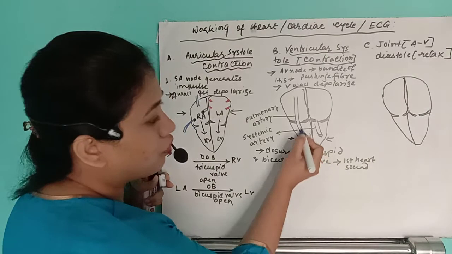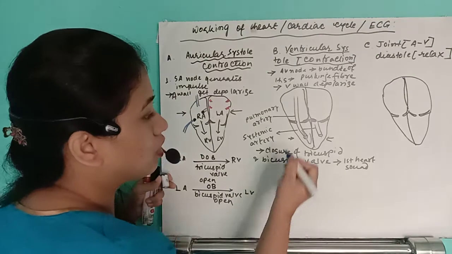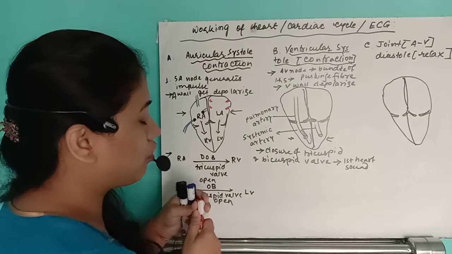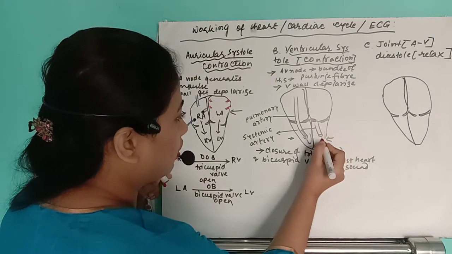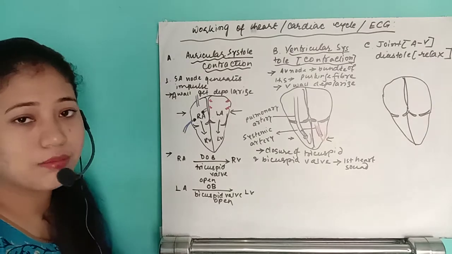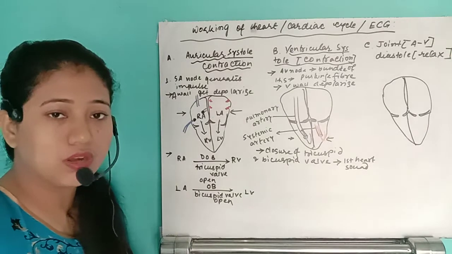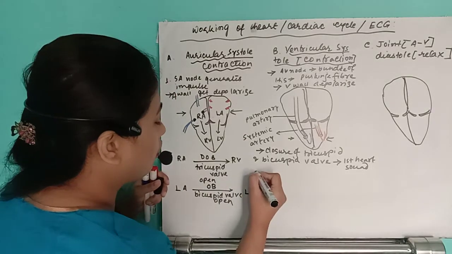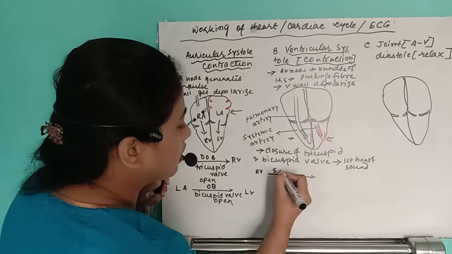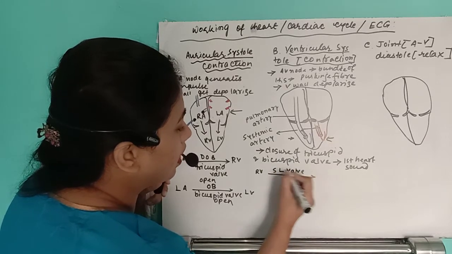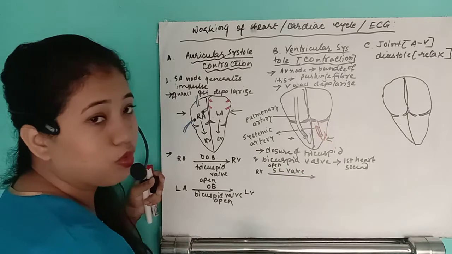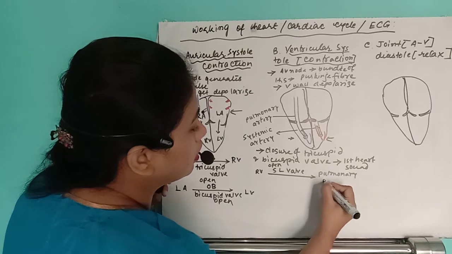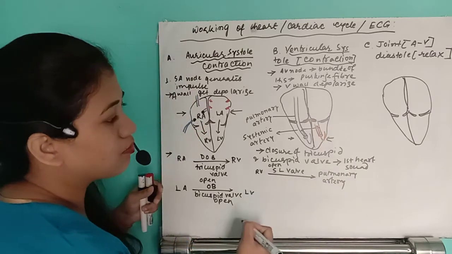The blood will move from the right ventricle to the pulmonary artery by opening the semilunar valve, and from the left ventricle the blood will go to the systemic artery by opening the semilunar valve.